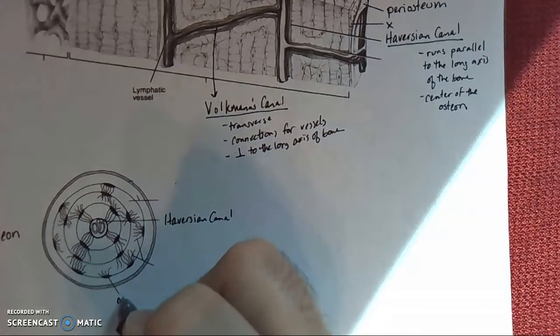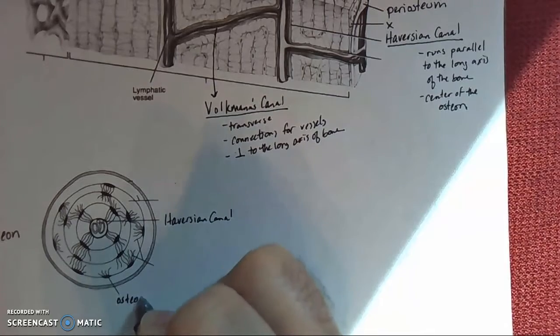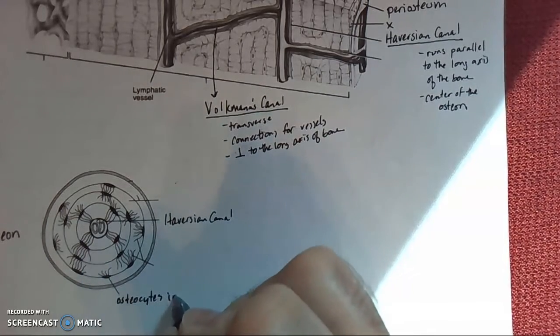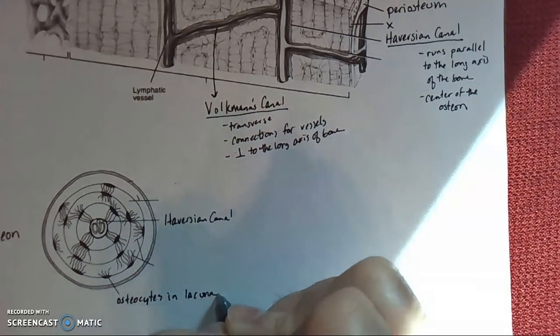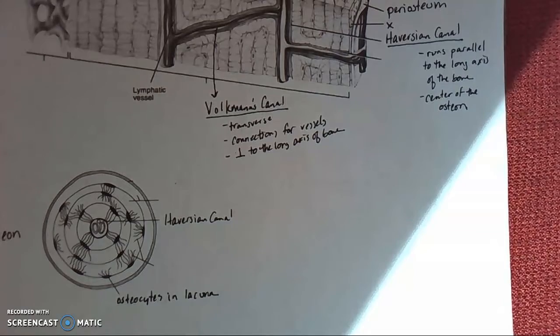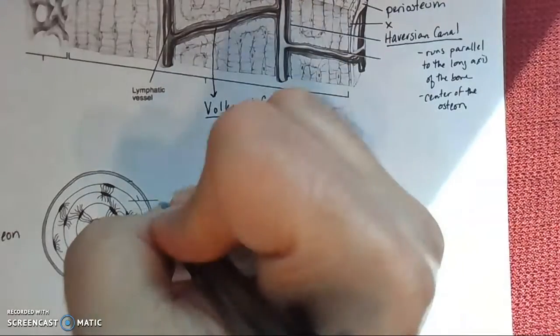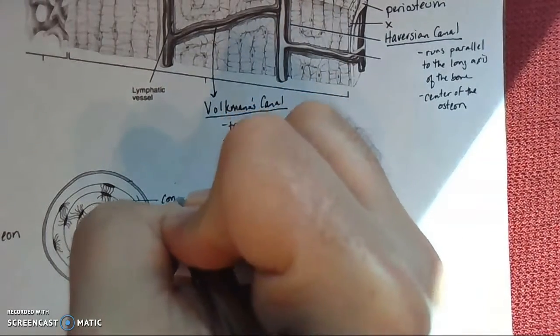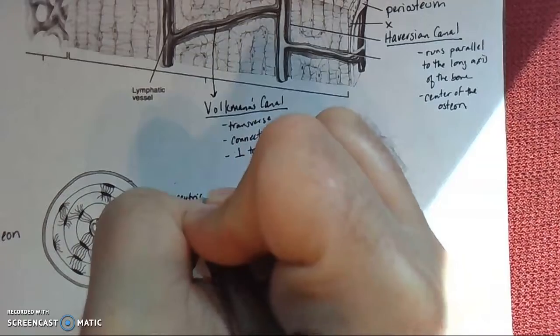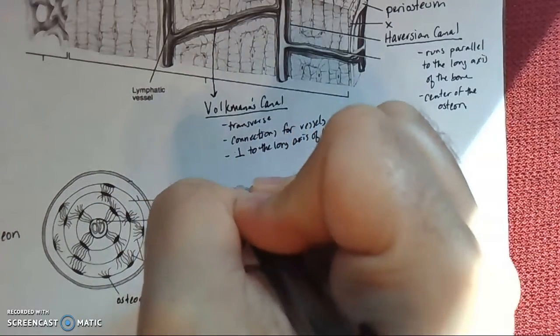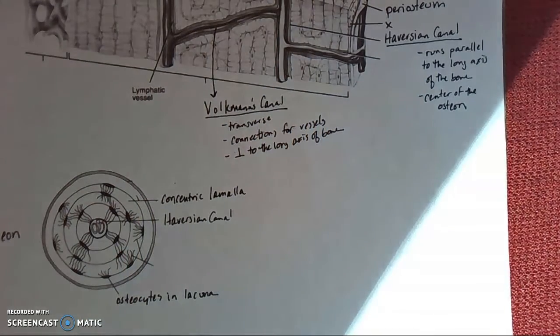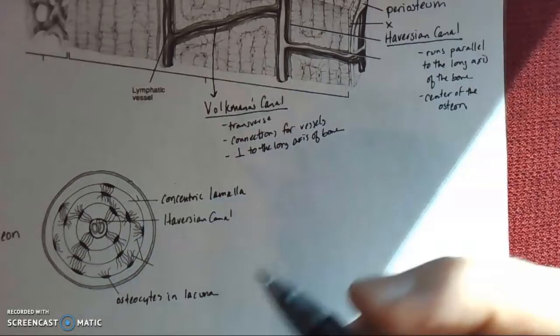These little dark spots are osteocytes in a lacuna. Here we have our concentric lamella. So we have one concentric circle. And we also have these little projections that come out.